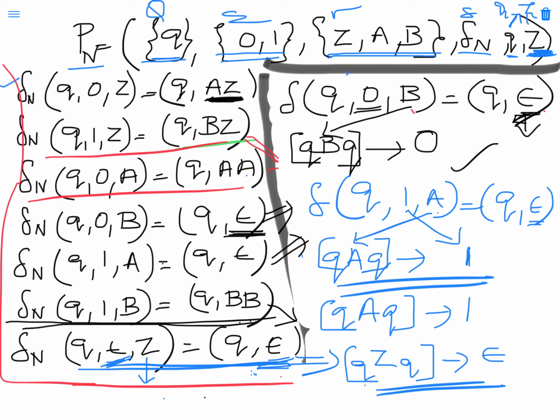So what are all the productions? Using this arrow you have generated productions for each function. Those productions you need to combine together and specify the complete grammar for the given PDA.